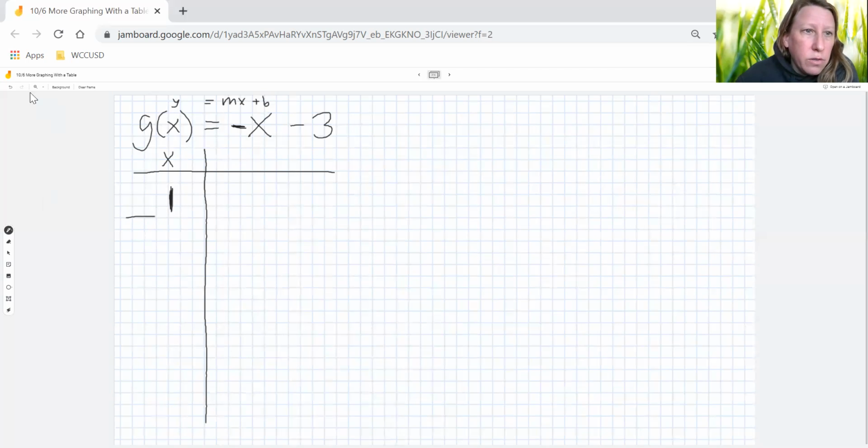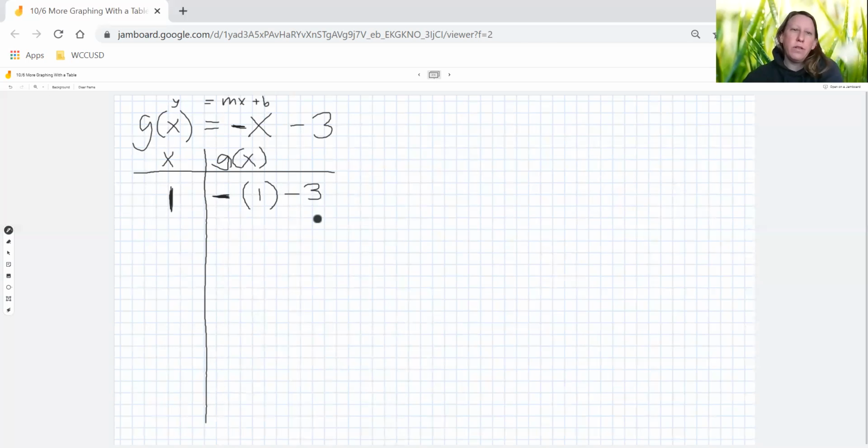And what am I trying to do here? I'm putting 1 into the function g of x. This is why it's really important, you guys, to use parentheses when we substitute. The negative is in this problem, and the x we're changing into a 1. And then we have the minus 3 at the end.